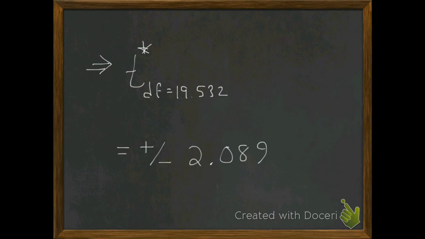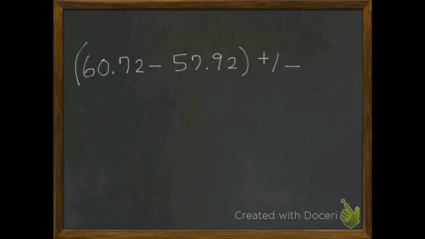So gang, in terms of making our confidence interval, we're going to take the sample mean difference. So this is going to be 60.72 minus 57.92 plus or minus the margin of error.